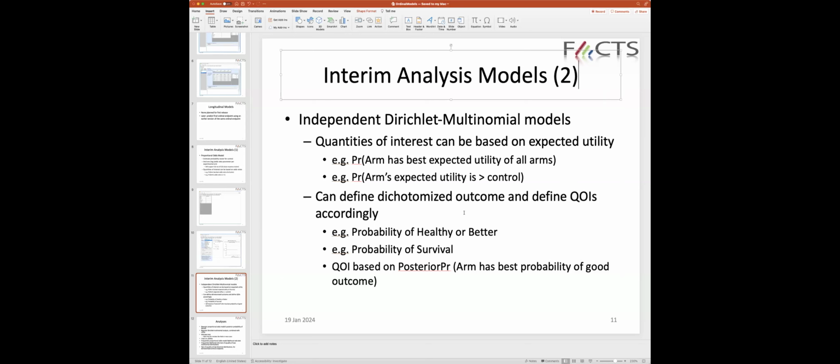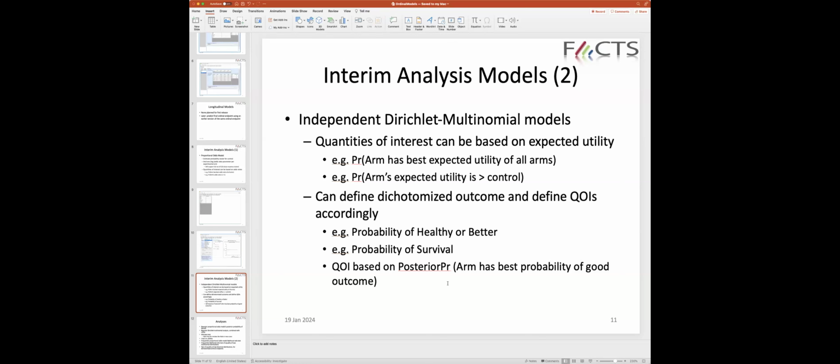We'll also supply the capability of dichotomizing the ordinal outcome and defining QOIs accordingly. So frequently this leads to a loss in information, but there might be some special cases where it's useful. Like, for example, you could dichotomize the outcome into survival versus death, and do most of your decision making based on expected utility, but also try to prevent arms that increase mortality from doing too well in your adaptive trial.